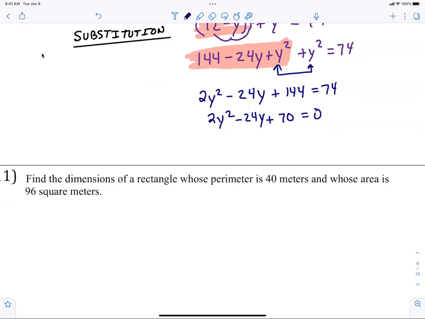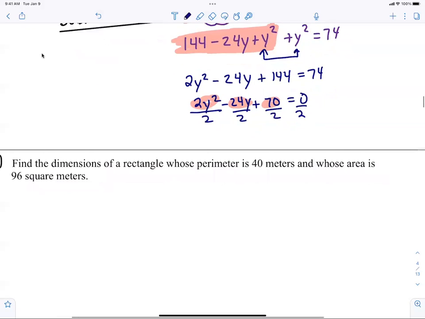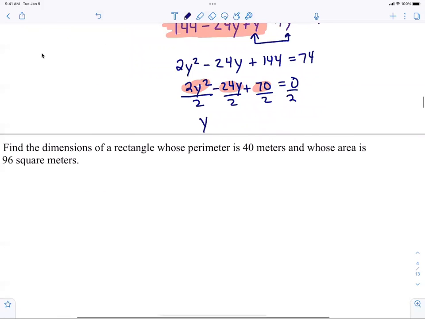Now, what does everybody notice about the y squared, the 24y, and the 70? We can divide it by what? Good. You can divide by 2. Everybody, divide by 2, divide by 2, divide by 2. So now I have y squared minus 12y plus 35 equals 0.